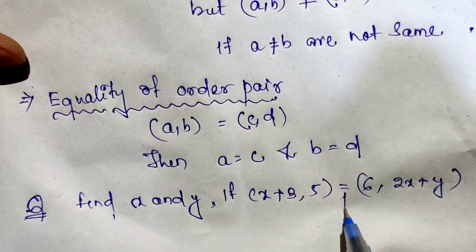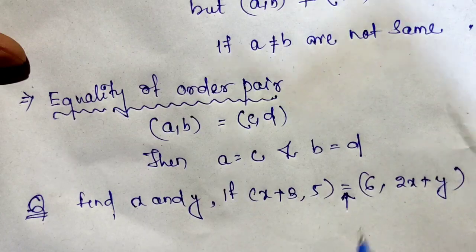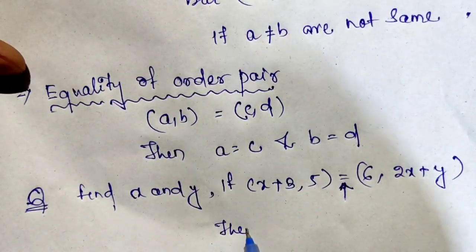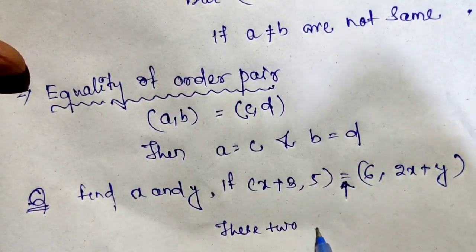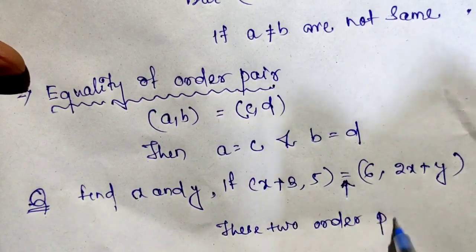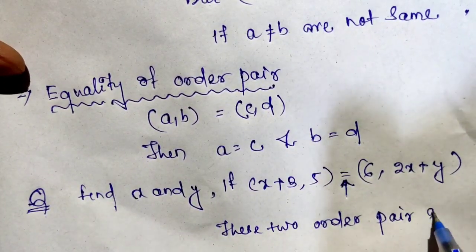This equality means these two ordered pairs are equal.